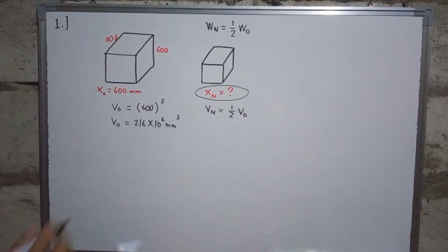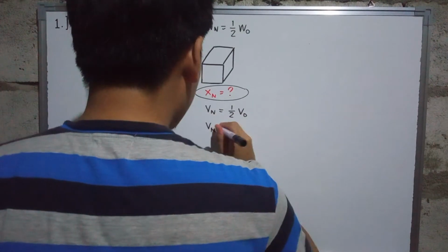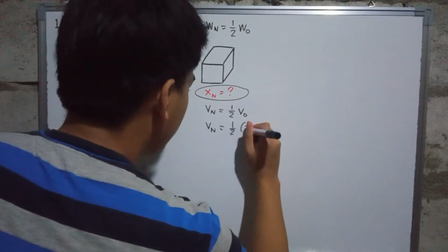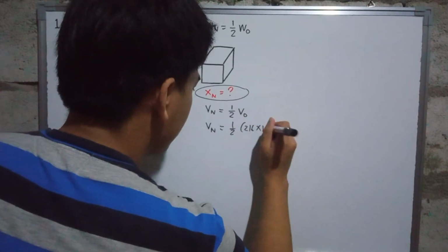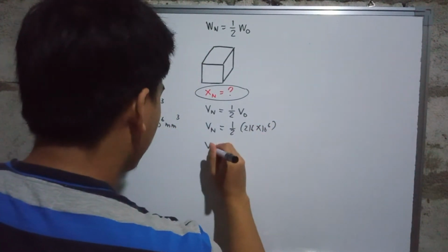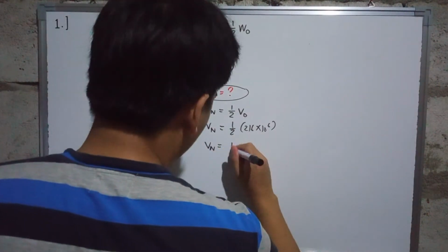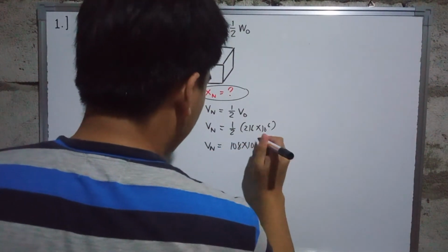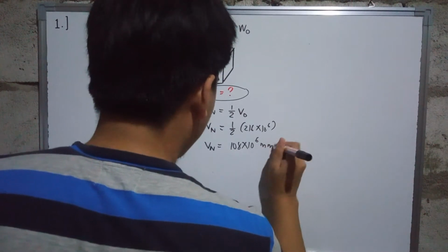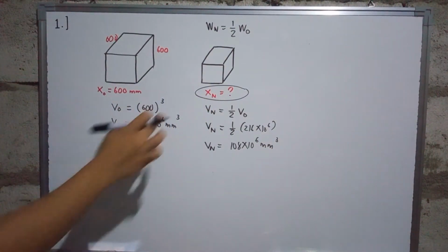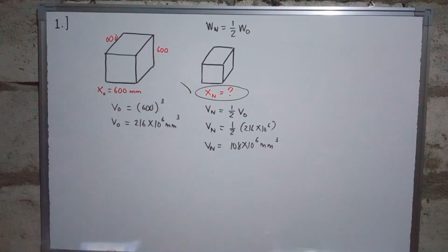So, para makuha natin yung volume ng new cube natin, 1/2 of 216 times 10 raised to 6. So, the value of our volume will be 108 times 10 raised to 6 cubic millimeter. So, ngayon yung hinahanap natin is yung dimension ng bagong cube natin.